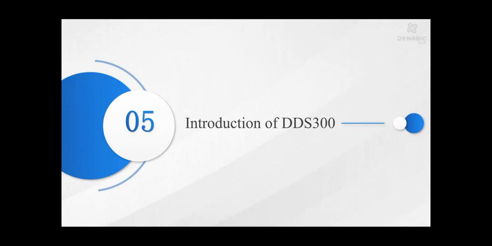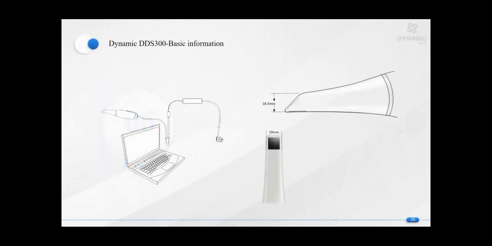Okay, first, let's understand the basic information of the DDS300. The image on the left shows the connection method of the DDS300. I believe that many intraoral scanner connection methods on the market now are more complicated: between the device and the computer and between the device and the power supply, separate converters are required for normal use.